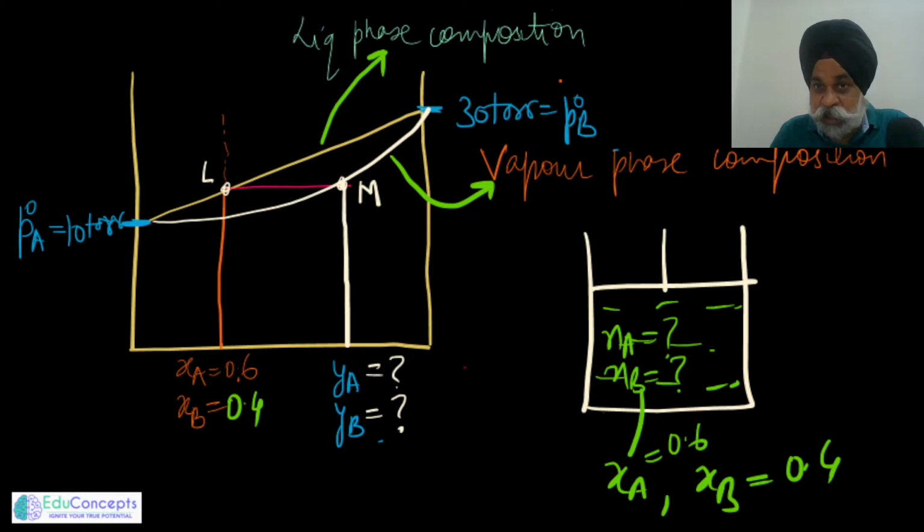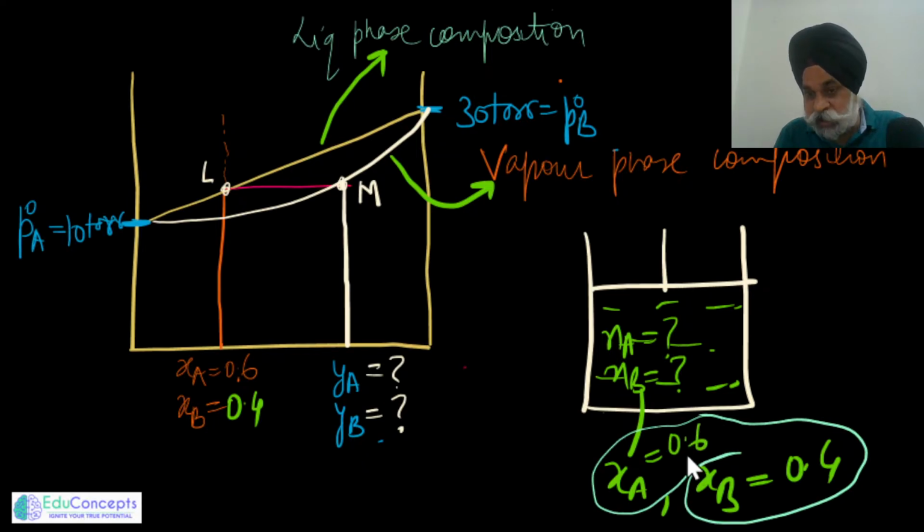Now what you also have to check at this point is, while you have this composition with you, what shall be the total pressure above this particular solution being shown by the vapors of A and B. And when this liquid comes in the form of vapor, what is the vapor phase composition?